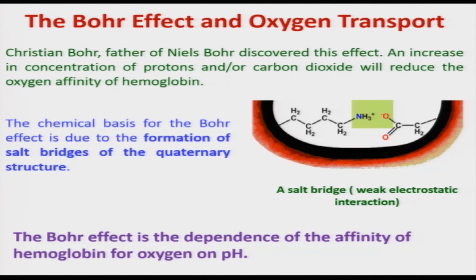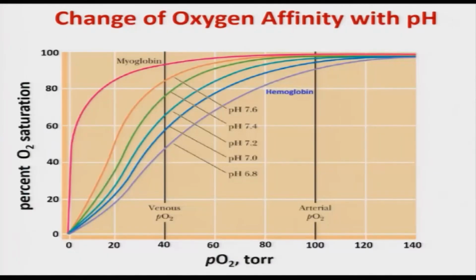The Bohr effect is the dependence of the affinity of hemoglobin for oxygen on pH. Just by changing the pH, you can break some of these salt bridge interactions, and this Bohr effect is very important for transporting oxygen from hemoglobin to myoglobin, which we will see in the subsequent slides.